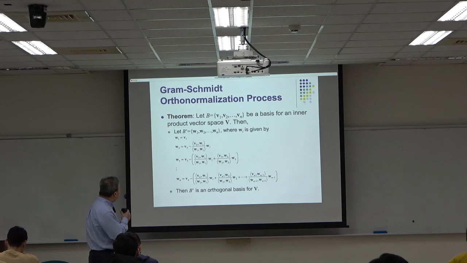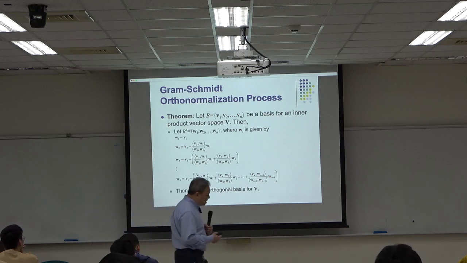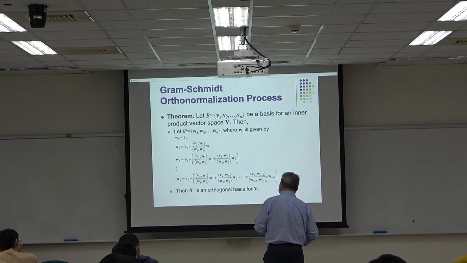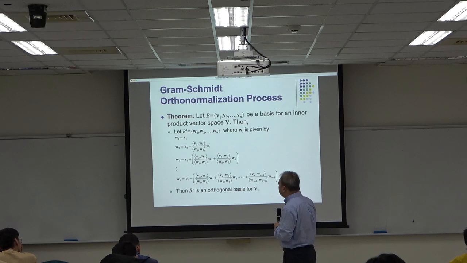Basically, if you have a basis with n vectors for a vector space V, we can construct an orthogonal basis out of this basis B.